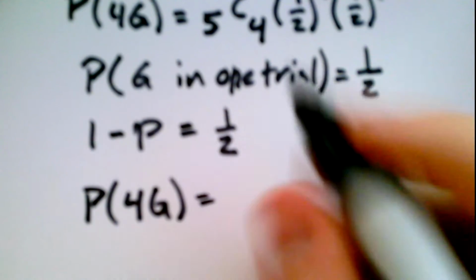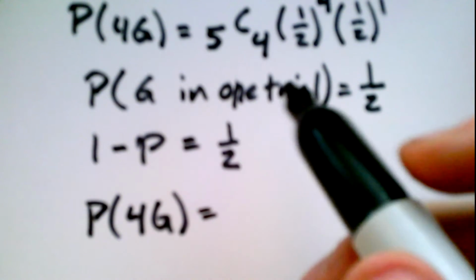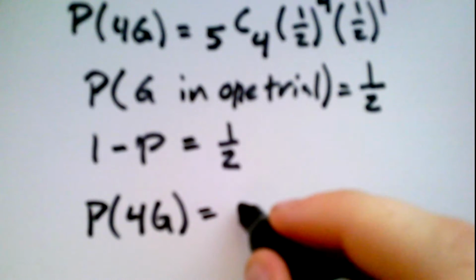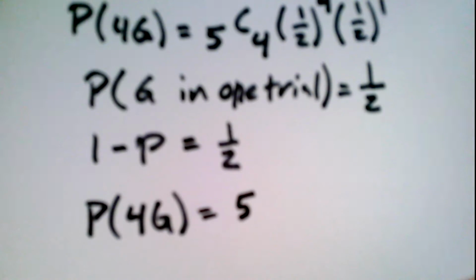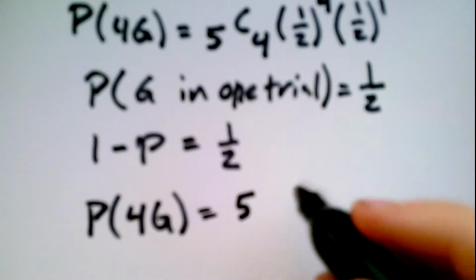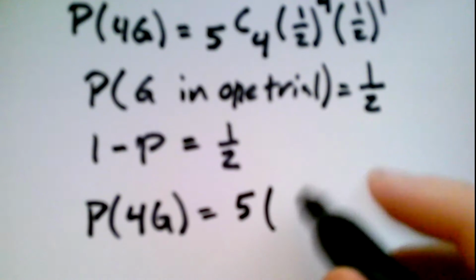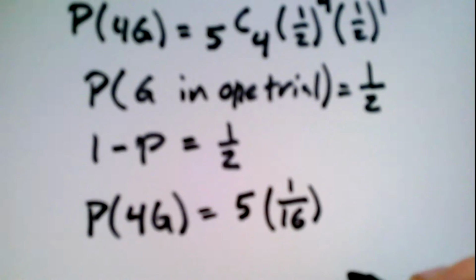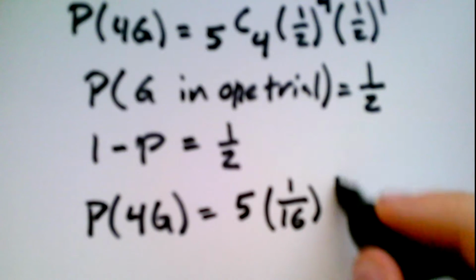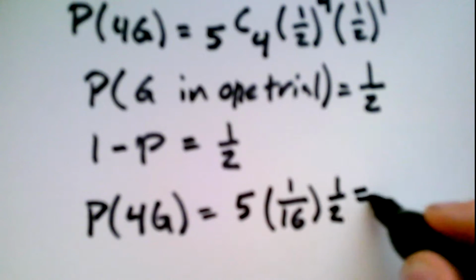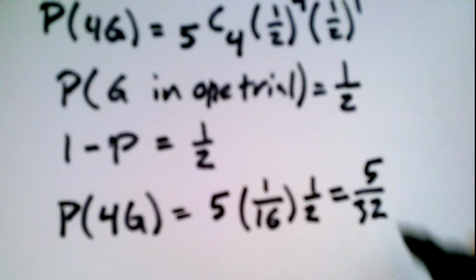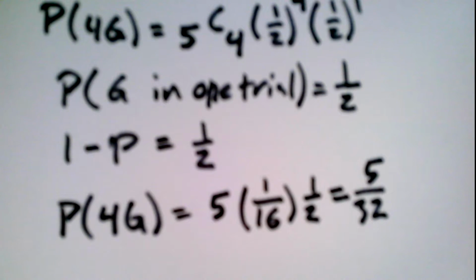And we write that as, well, 5 choose 4 is 5 factorial over 1 factorial times 4 factorial, which is going to be 5. And then 1/2 to the 4th is going to be 1 over 16. And 1/2 to the 1 is 1/2, which is going to equal 5 out of 32. So 5 out of 32 is the probability of getting 4 girls.